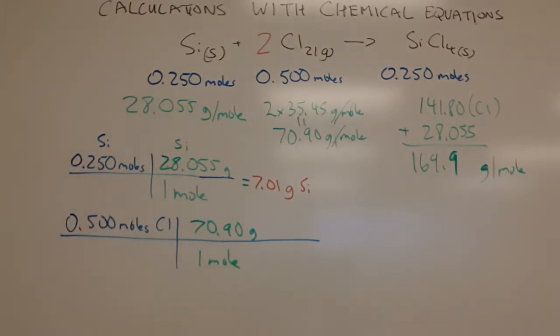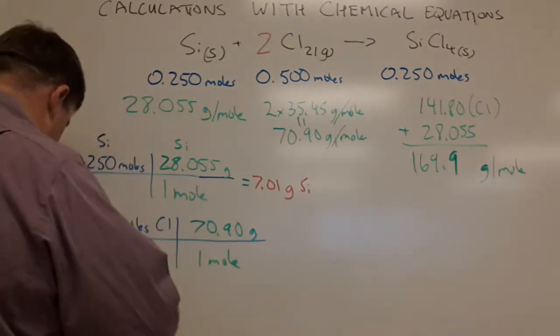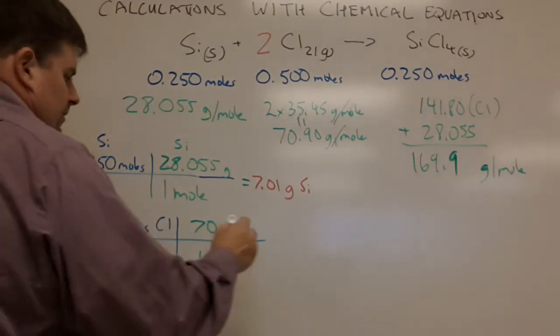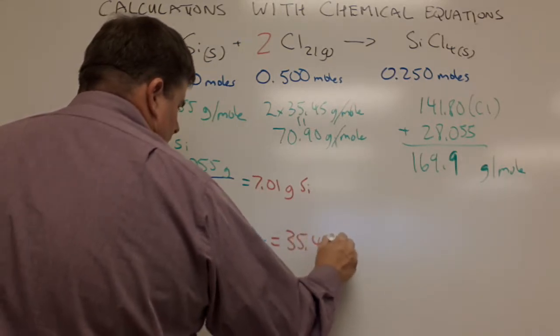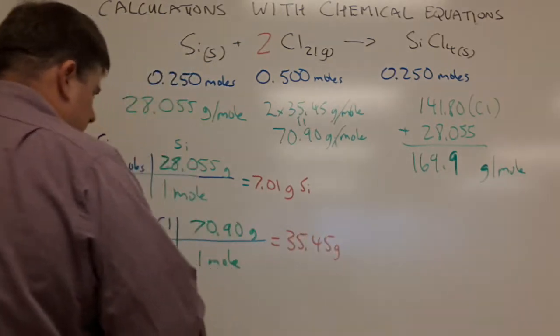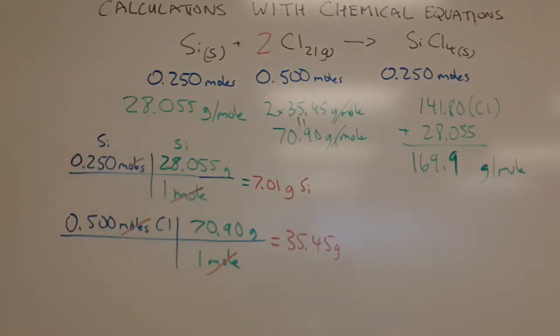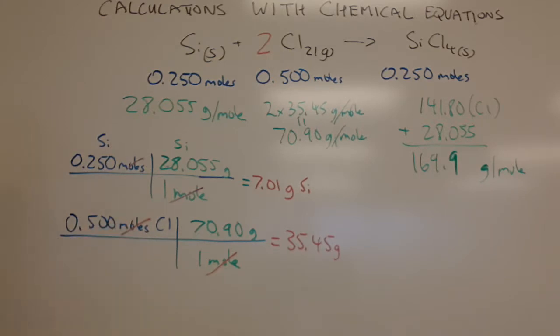I multiply those two things out, and what I'm going to get is 35.45. I can do that in my head. Conveniently, in this case, I've got just half the number of moles, so it's half the molecular weight.